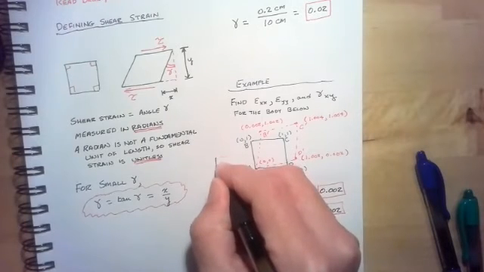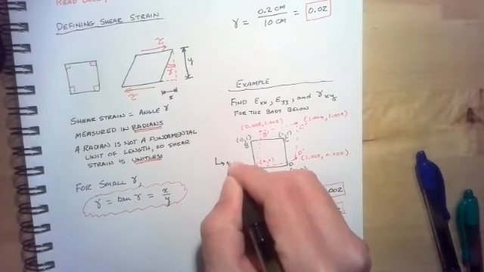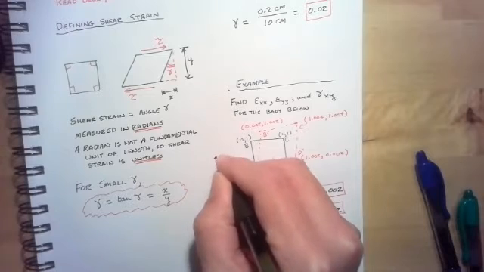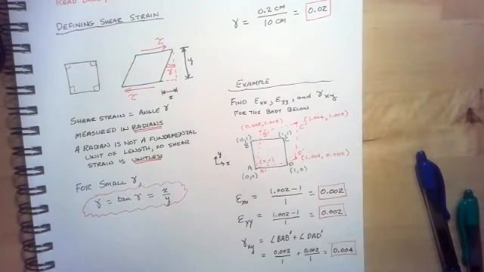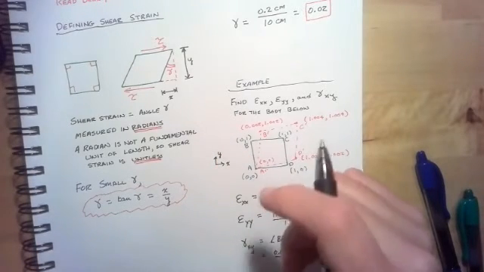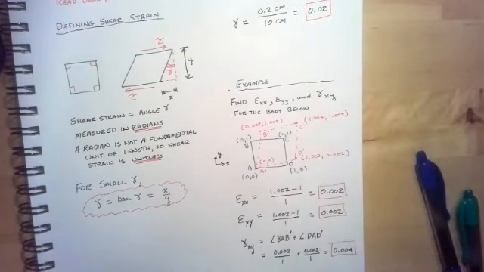We need to indicate that this is x and that this is y. So we're in the xy plane, and gamma xy would be the shear strain in the xy plane.